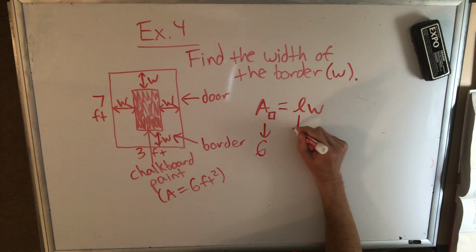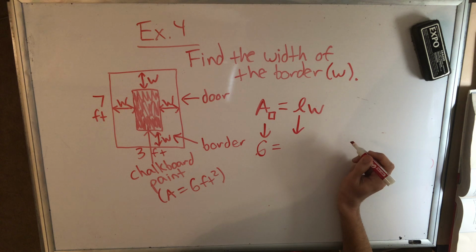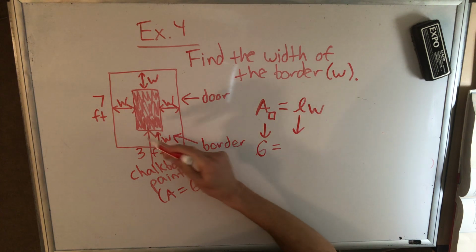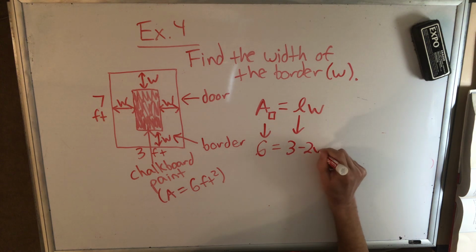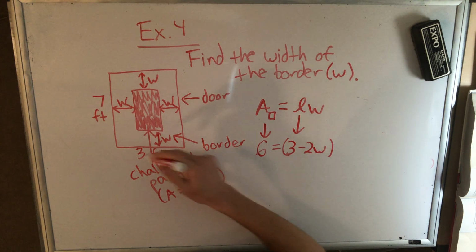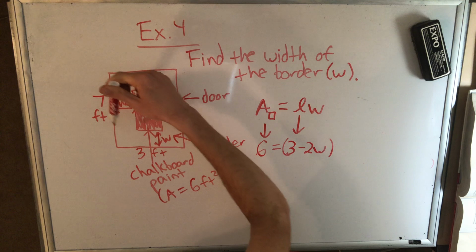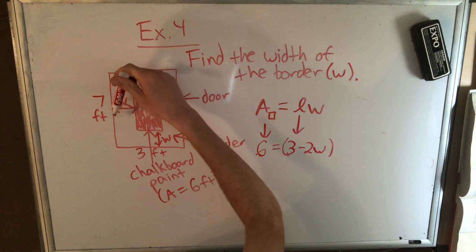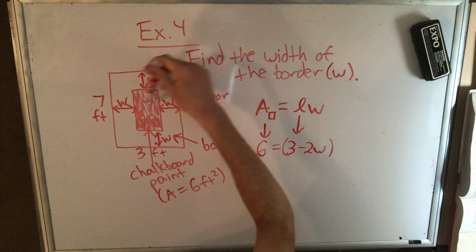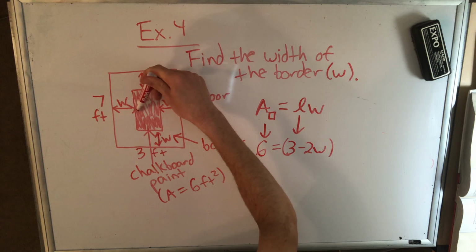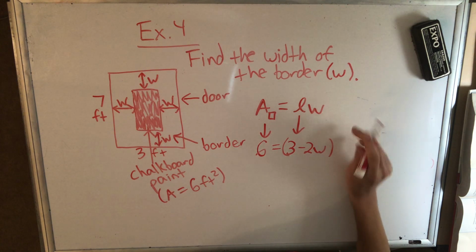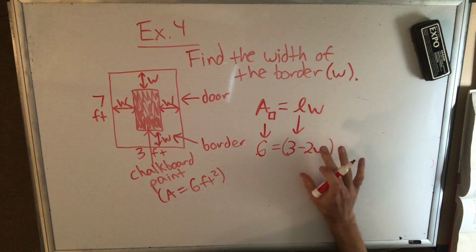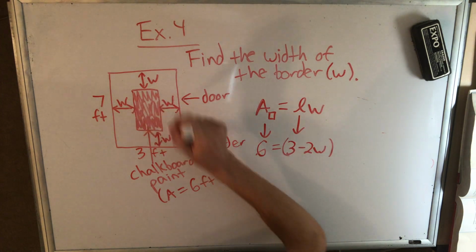The length of the chalkboard paint is 3 minus 2w, because the width of the entire door is 3 feet, but then subtracting the 2 w's, you're left with the length of the chalkboard paint.